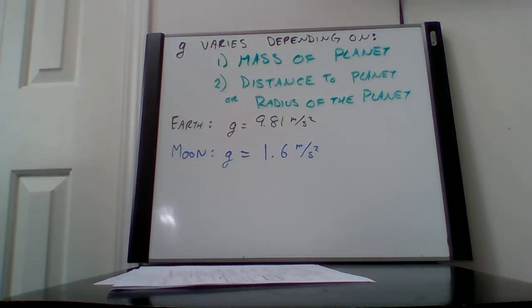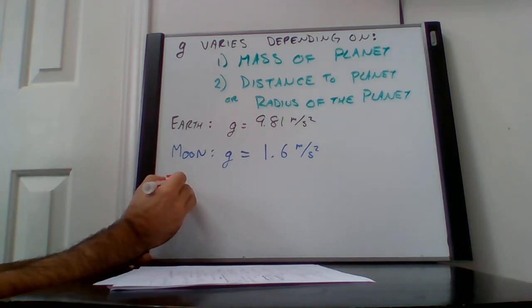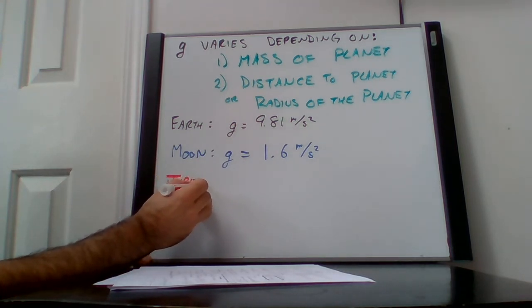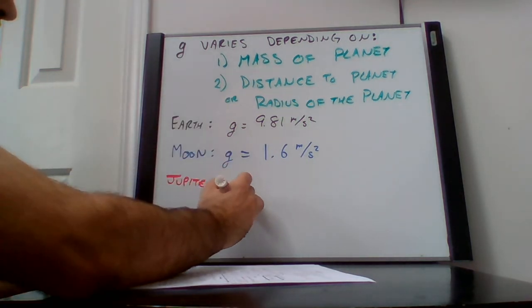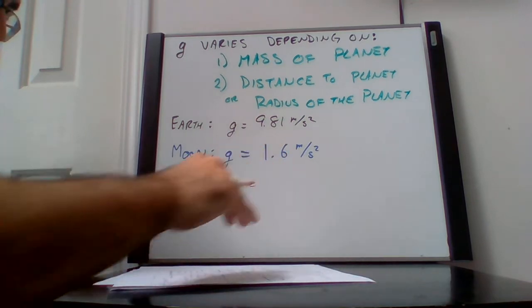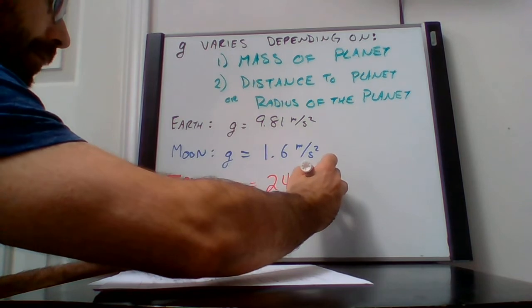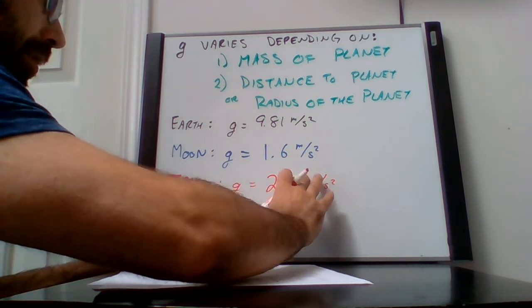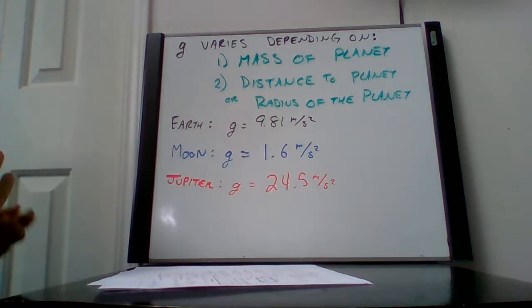Okay, if we go to a planet larger than Earth, let's talk about Jupiter, our largest planet. In this case, we get a g that is approximately 24.5 meters per second squared. 24.9, 24.5, somewhere in that range.